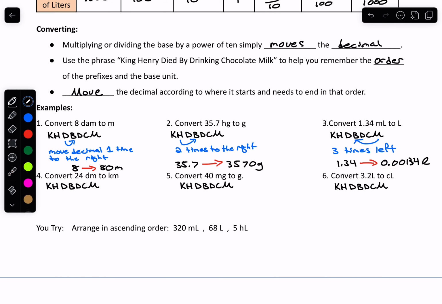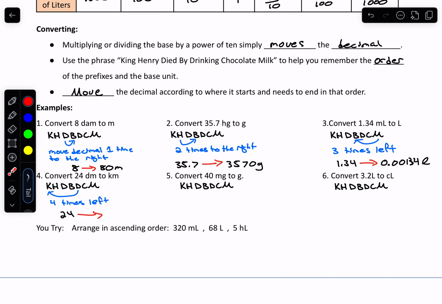Number 4, we want to convert 24 decimeters to kilometers. So we're starting at the D that's on the right, because remember the left D is dA. So we're starting with the D on the right and going all the way to kilometers. We have to go 1, 2, 3, 4 times left. So I'm going to take 24, and this is going to get converted.